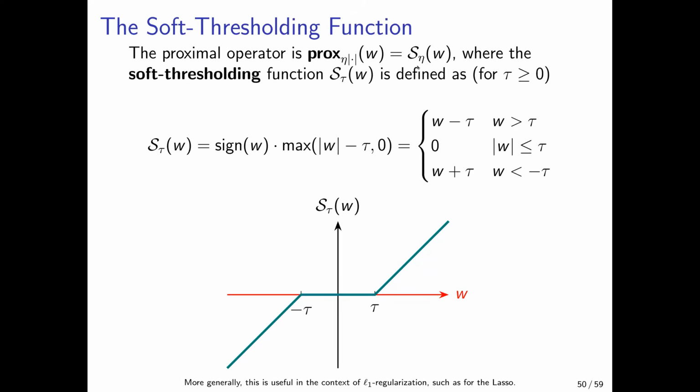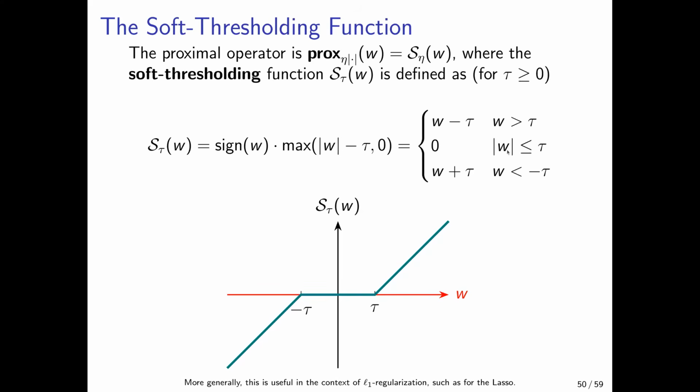function S eta, where generally for some non-negative parameter tau, the soft thresholding function is defined in this way. It's easiest just to look at this graph here. Every value between minus tau and tau gets mapped to 0, and then we just continue with a slope of 1.